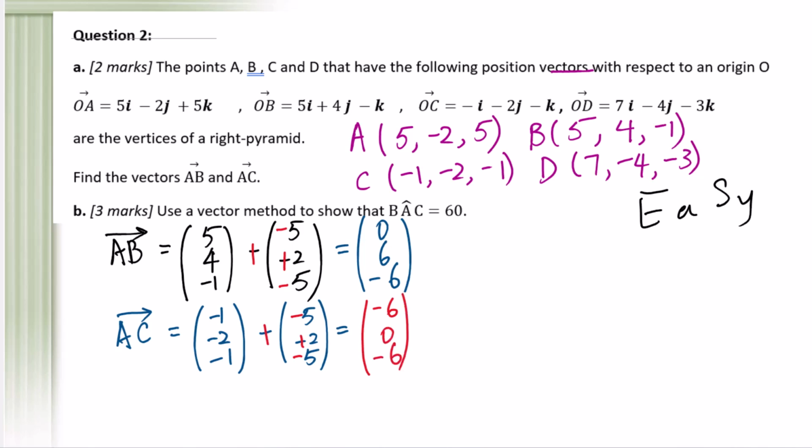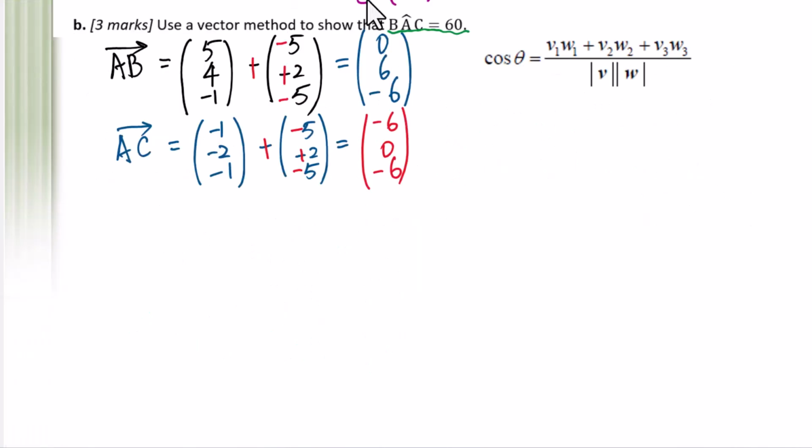B, use a vector method to show that angle BAC equals 60 degrees. This formula is given in the formula booklet.